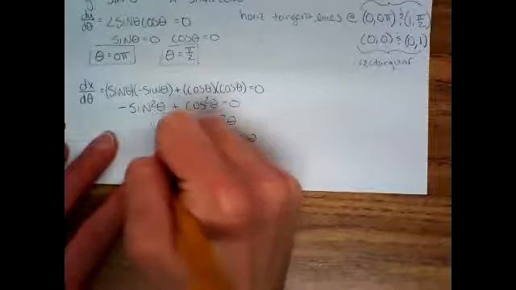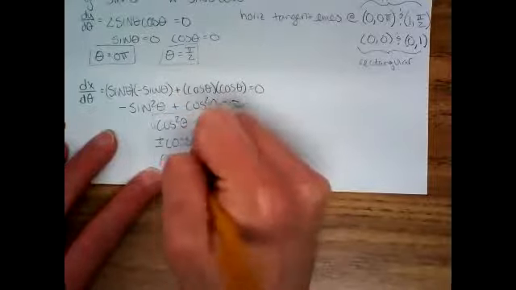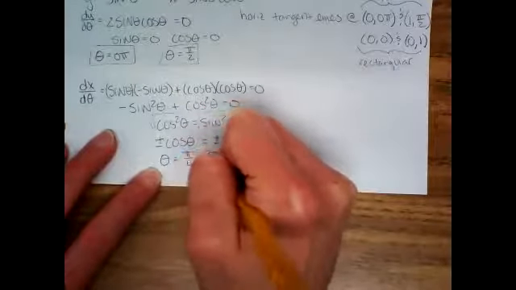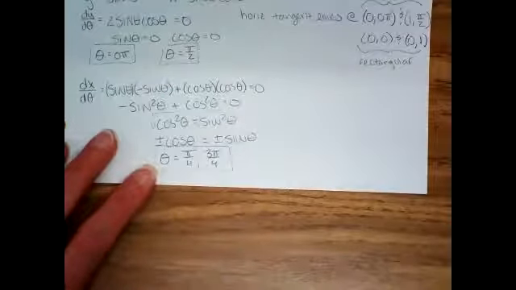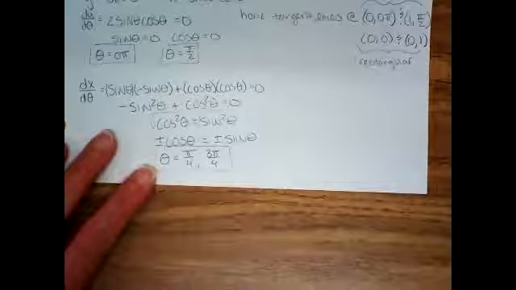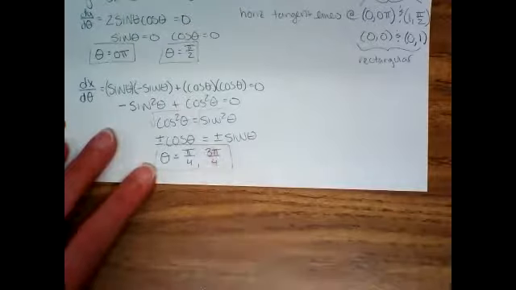There's 2 places that's going to happen. Good, pi over 4, 3 pi over 4. Because at pi over 4, they're both root 2 over 2. And at 3 pi over 4, they're both root 2 over 2, even though the x value is negative. But because of the plus minus, the sign ended up not mattering.